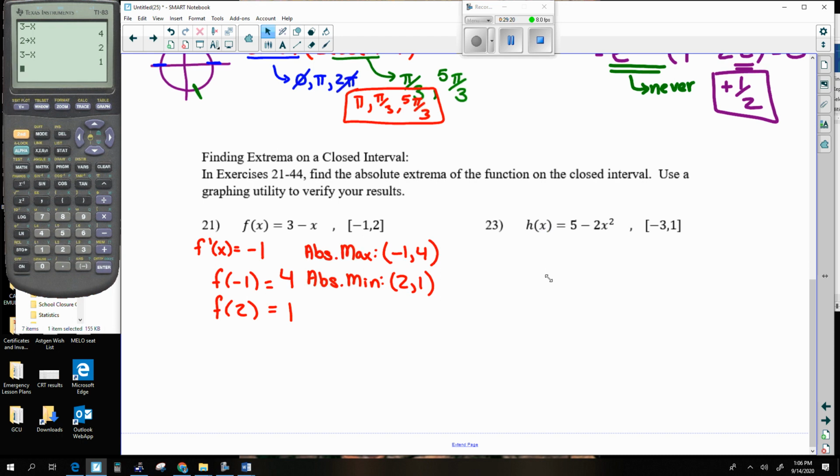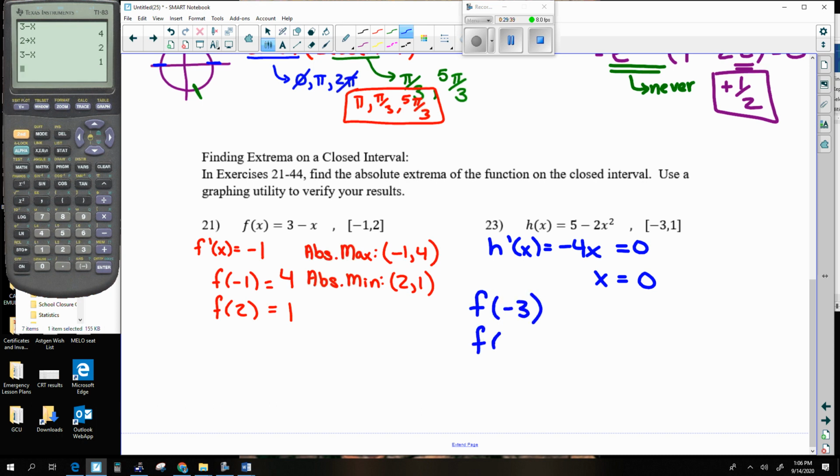All right, number 23, same idea. Let's find the derivative. h prime of x is -4x. So I see that there is a critical number when x is equal to 0. My candidates test would be testing out -3, 0, and 1.